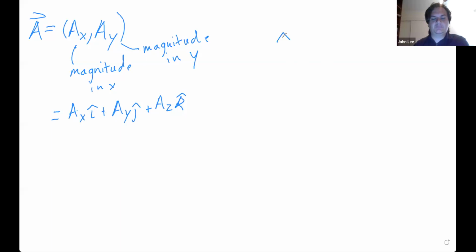So if we draw this out, then the distance from point A to point B, the displacement, is going to be the same as you going along the x-axis some distance AX, and then going up the y-axis some distance AY.